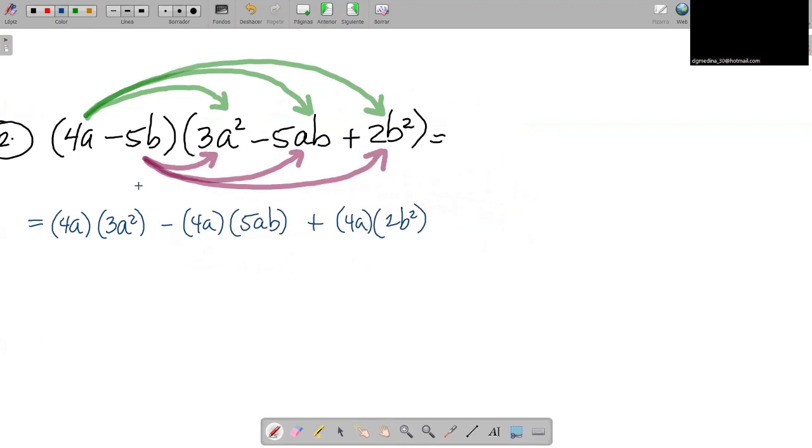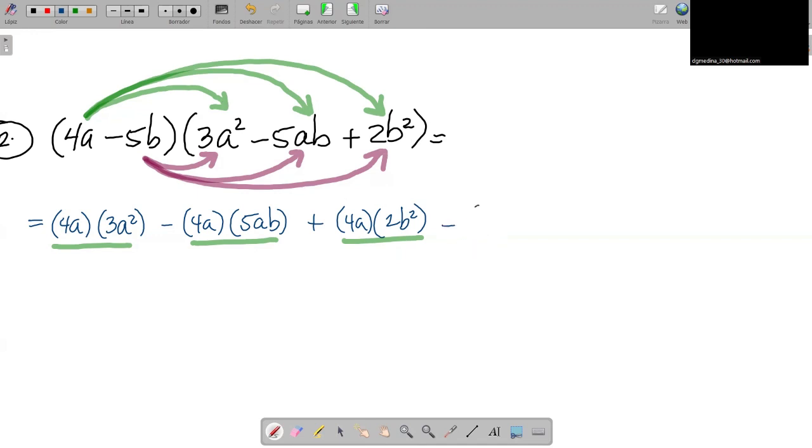Now the second term. Okay, I'm going to underline for you to know that these terms came from the multiplication of the green arrows. Now the second term of the first parenthesis with all the terms in the second parenthesis. So this term is negative, so we already know that this sign will change all the signs of this term.